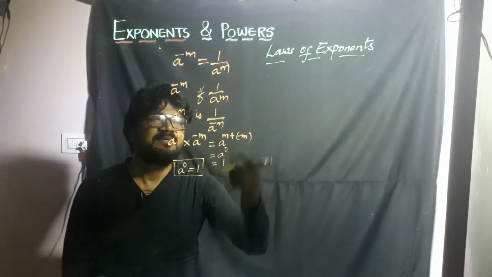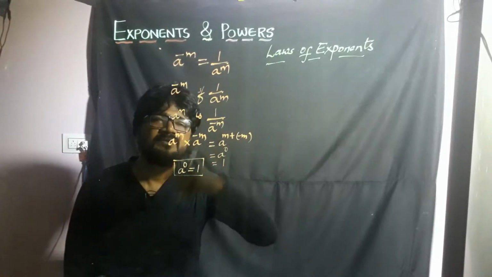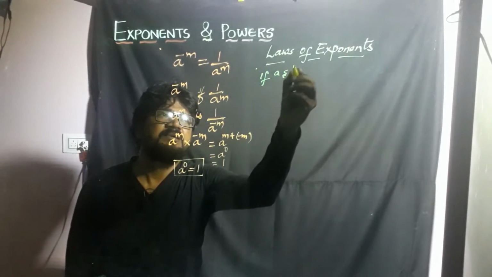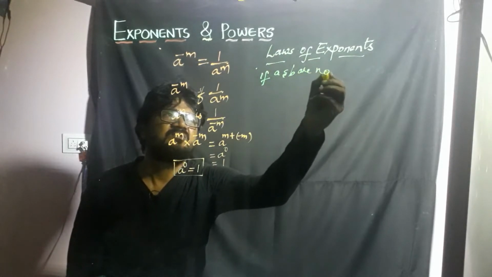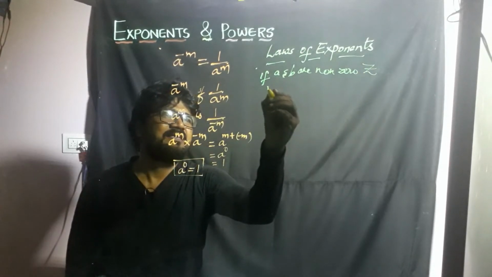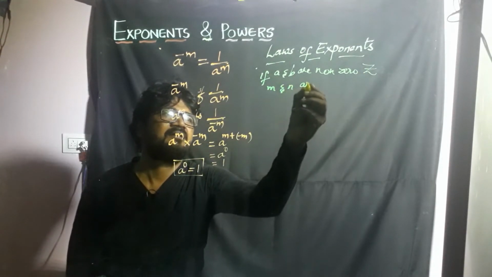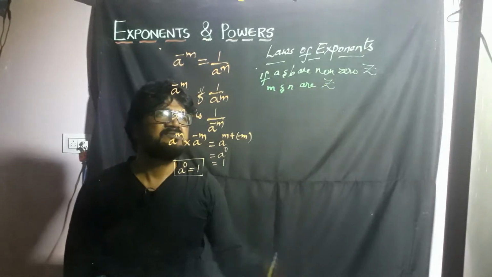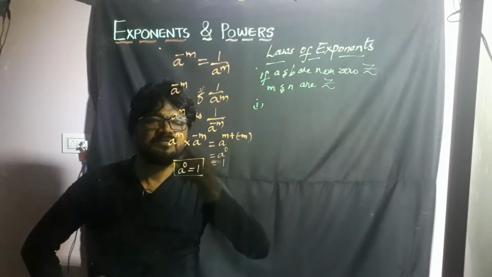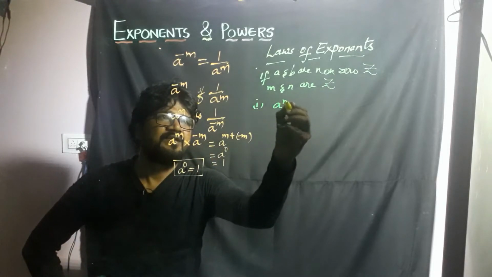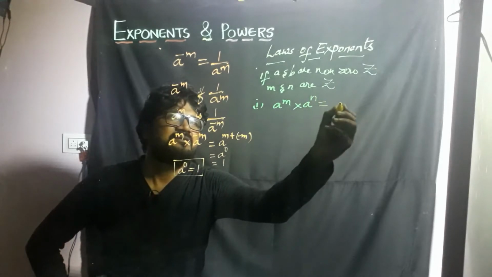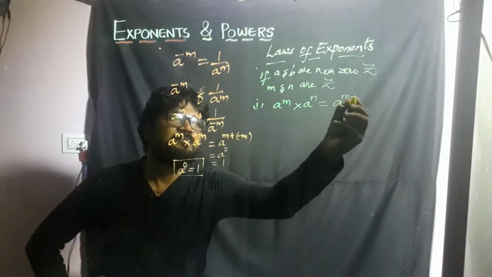Laws of exponents. We have already learned in our previous classes, if a and b are non-zero integers and m and n are integers, then using this condition: a to the power of m into a to the power of n is equal to a to the power of m plus n.